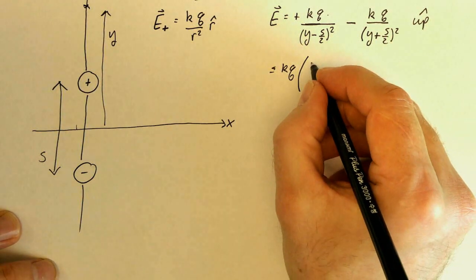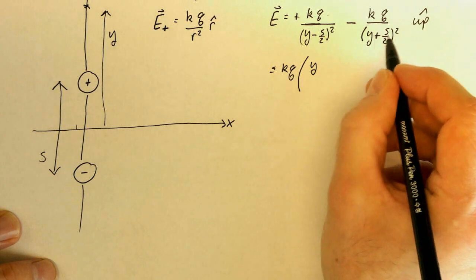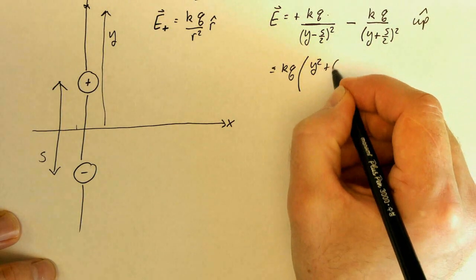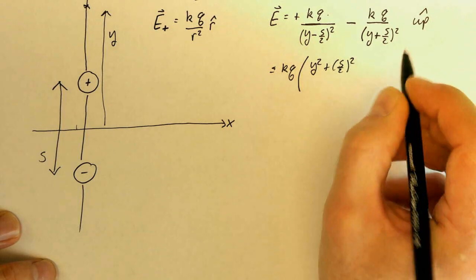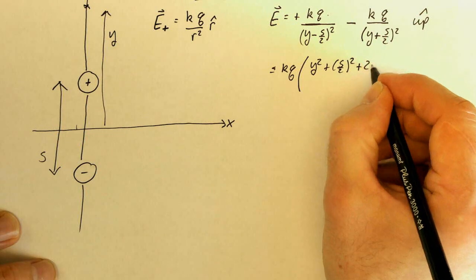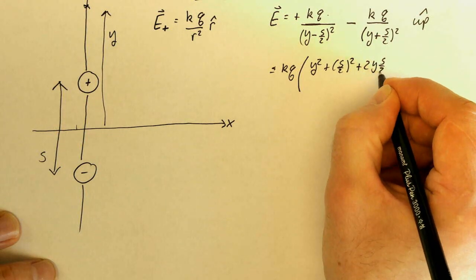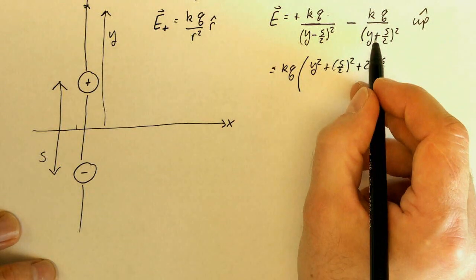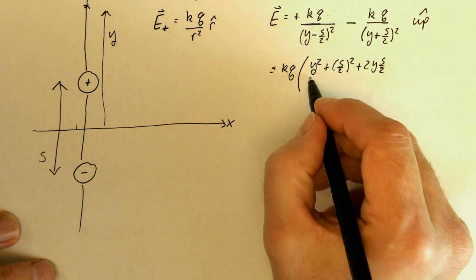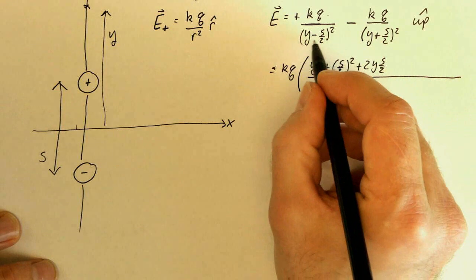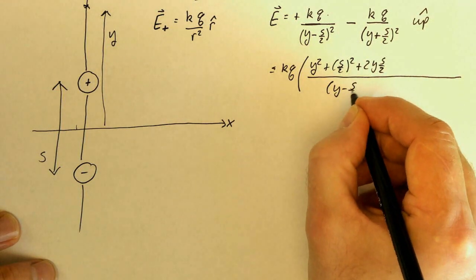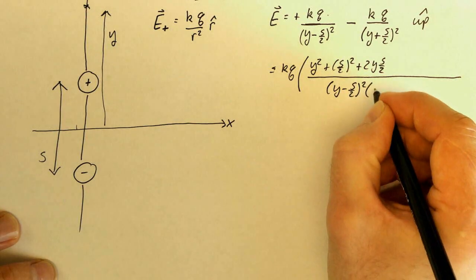That would give us a y, and I'm going to factor that out, so we get y squared plus s over 2 squared, plus the cross term, plus 2y times s over 2. That's this thing multiplied to this top and bottom, so I get that up top. The bottom is this times this. I'll just leave those together. It'll be a little bit simpler as we move further on.